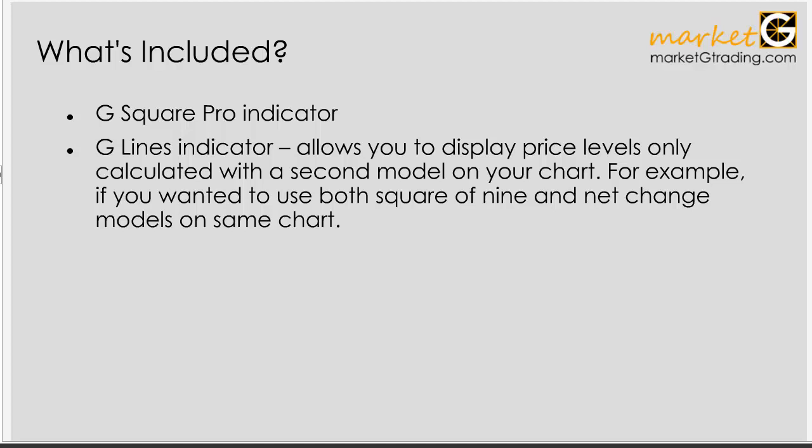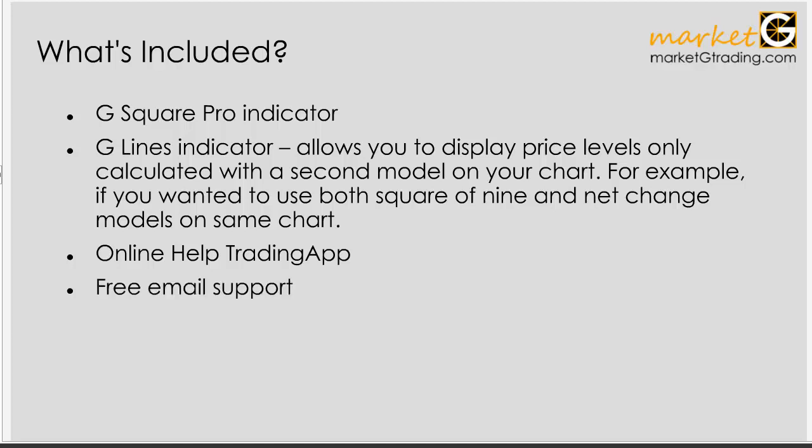Like, for instance, I told you I always put net change models on my charts. If I overlaid two G-Square Pros, it would be too messy. I couldn't see anything. So the G-lines is meant to just give you a simple way to add just horizontal support resistance levels. And there's online trading app support help, and of course free email support.